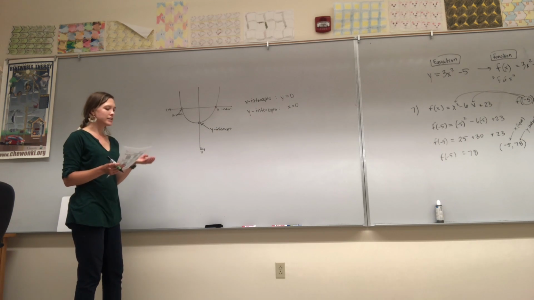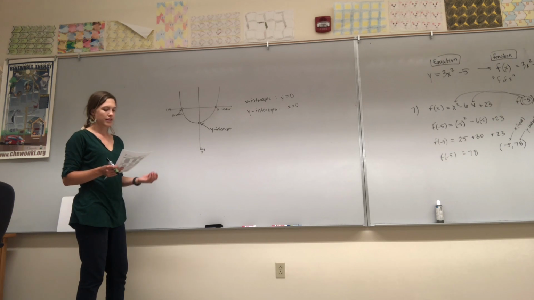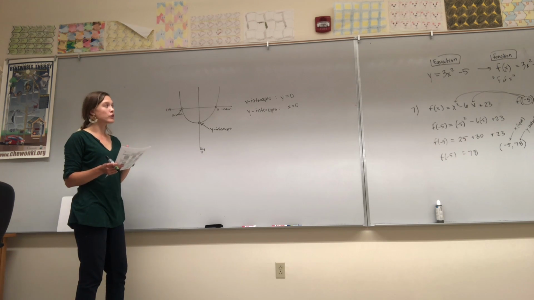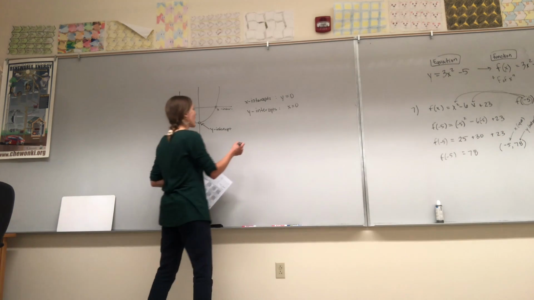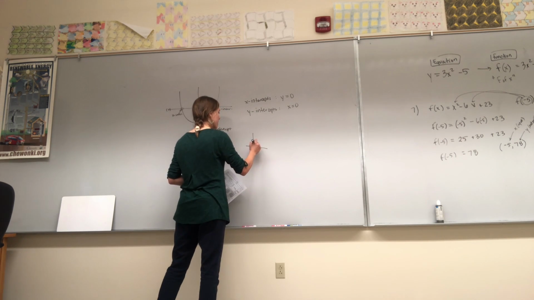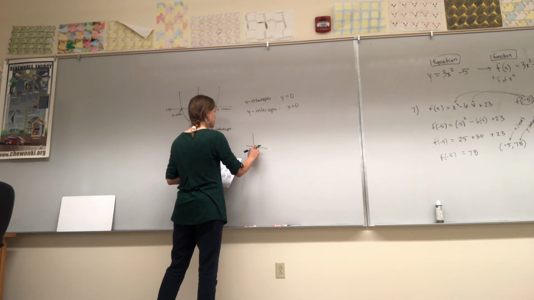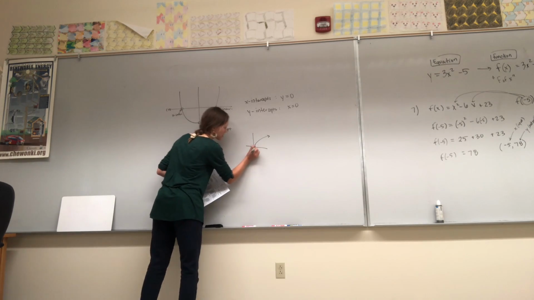So a function has at most one Y-intercept and can have 0 or more X-intercepts. So what that means is that if I have a graph like this, sorry, I lied, it has at most one Y-intercept, so it can have 0.